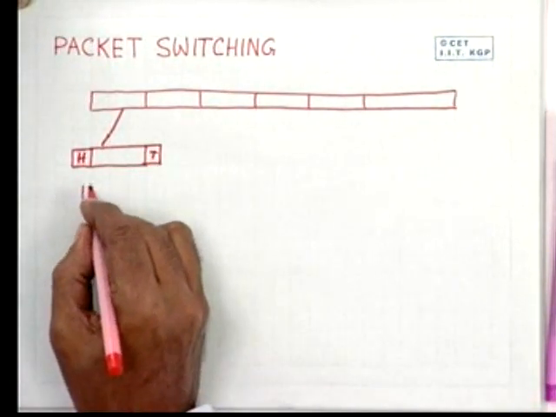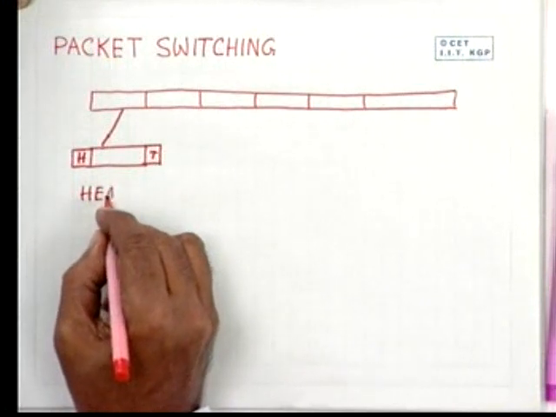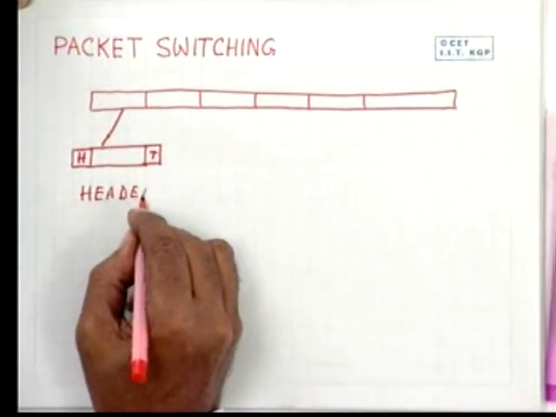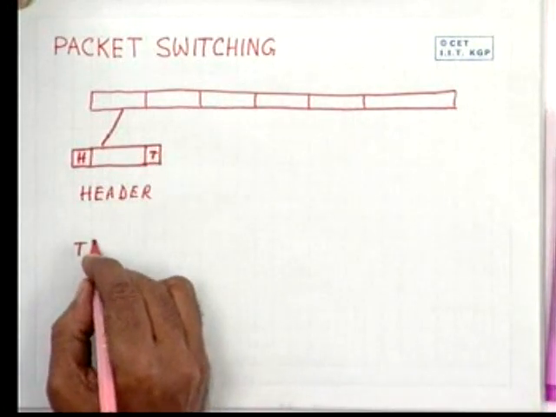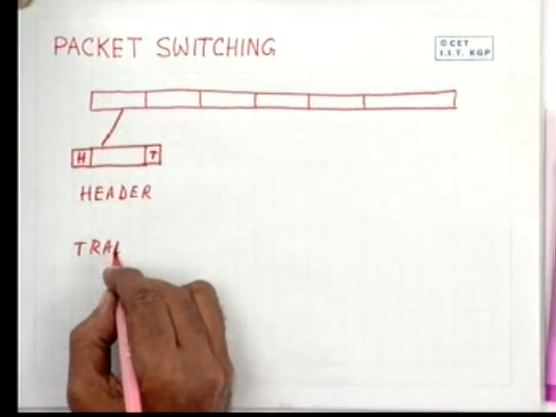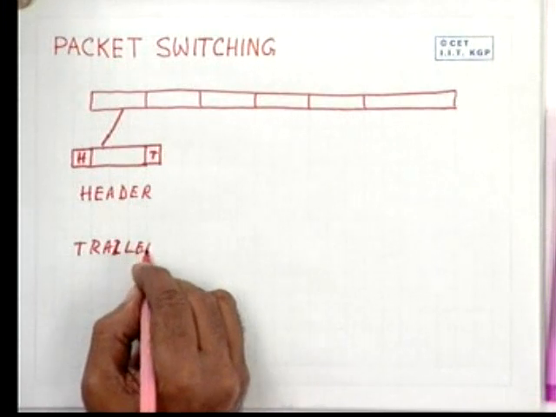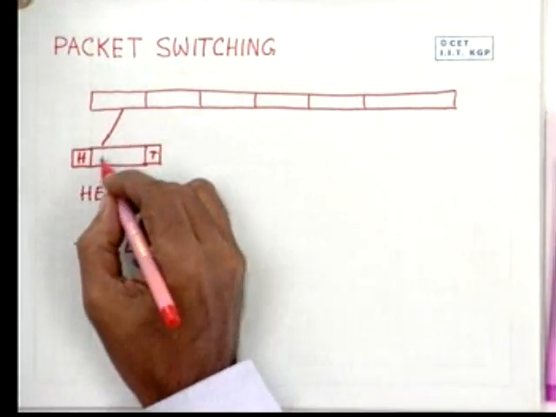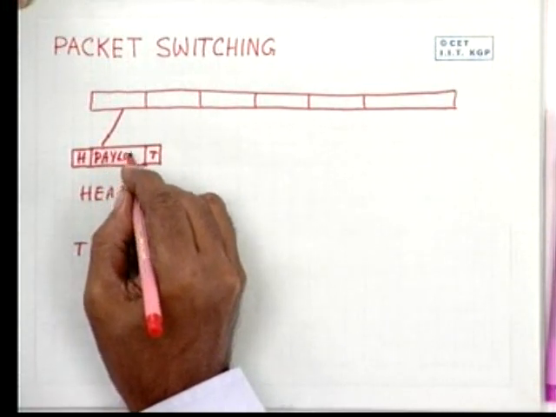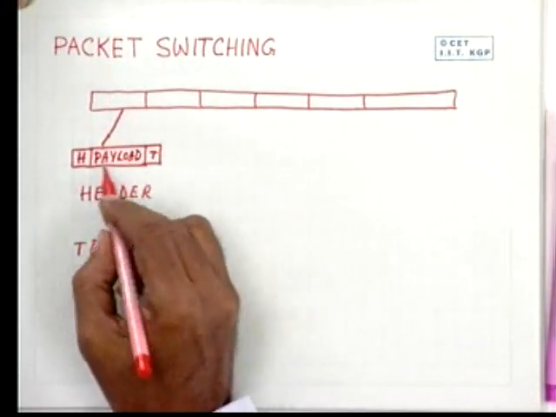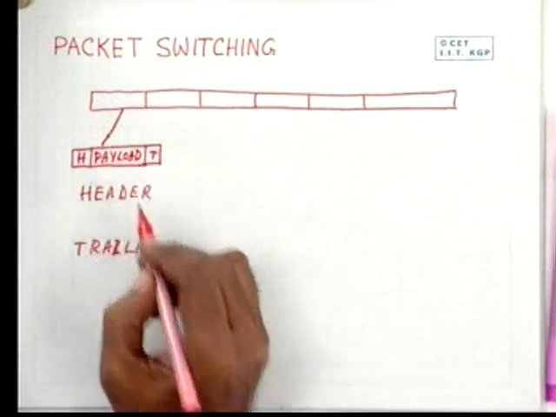So here you have got the header and there you have got the trailer. This middle part is called the payload, which is essentially the data that you are sending.